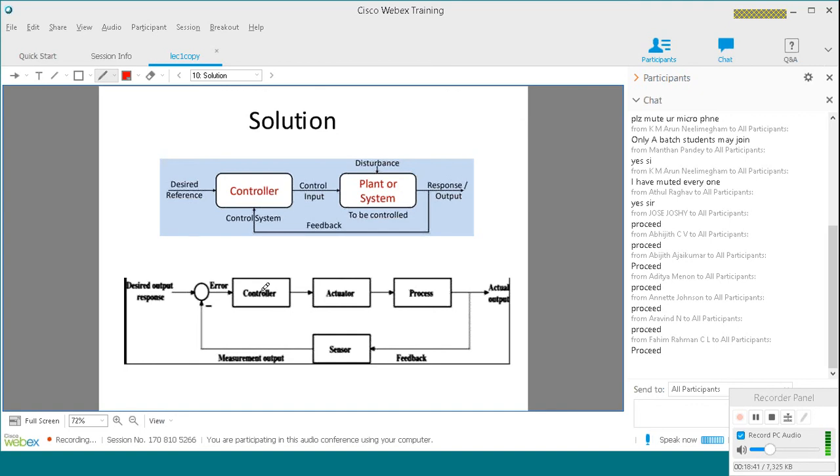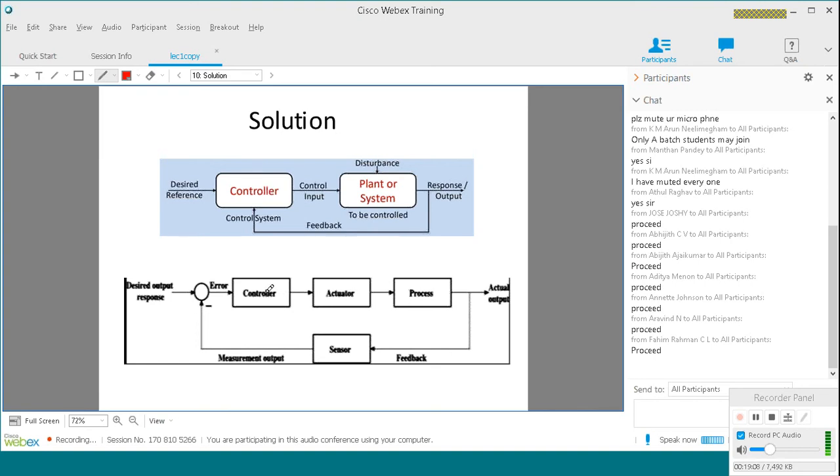So typically if your controller is a computer, which is the brain of your system, then the computer cannot drive any motor or anything. So the computer can give an electronic signal to an actuator like an amplifier, and the amplifier actually gives the command to the process at the required voltage level.